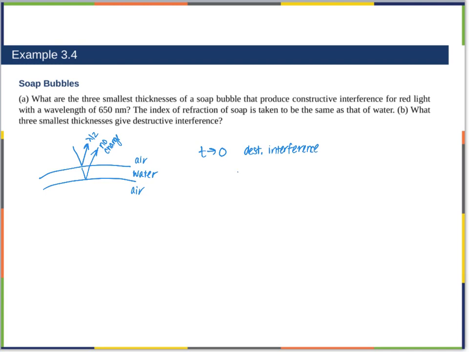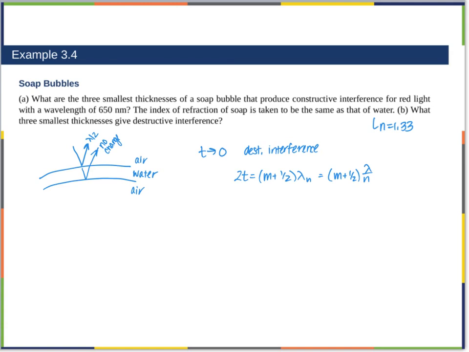That means that the path difference we need to get them in phase for constructive interference is going to have to be m plus 1/2 times lambda n, where, again, remember that lambda n, the wavelength it would have while in the soap bubble, is equal to the wavelength in air divided by the index of refraction of the soap bubble, which we are going to say is 1.33.